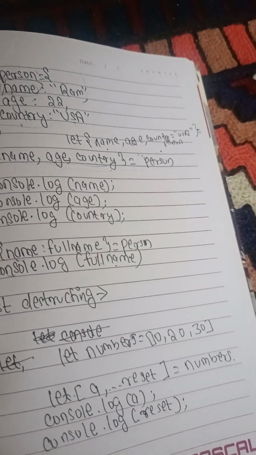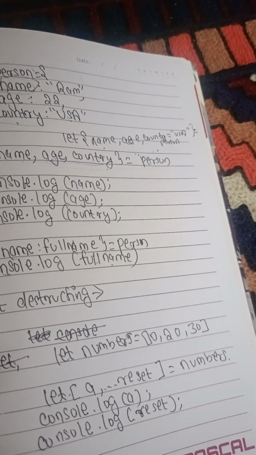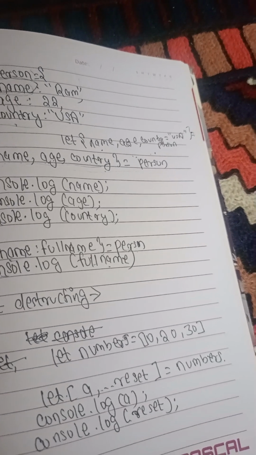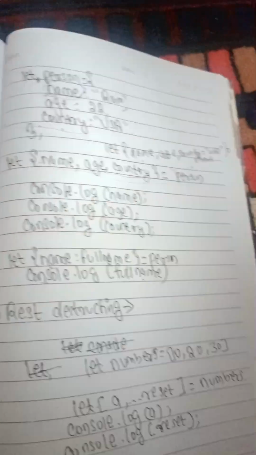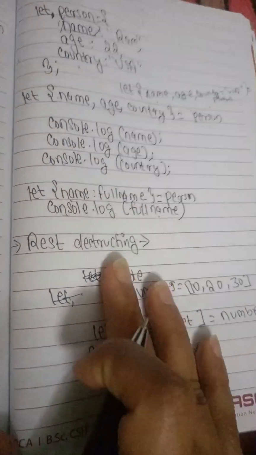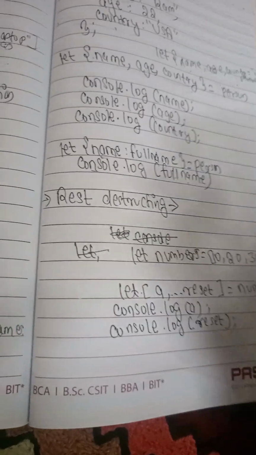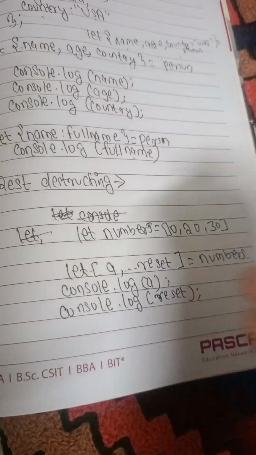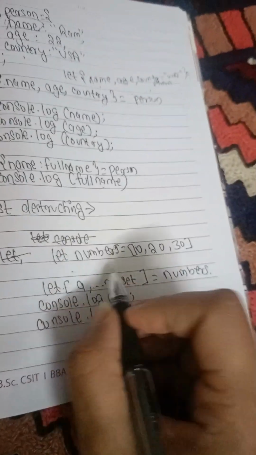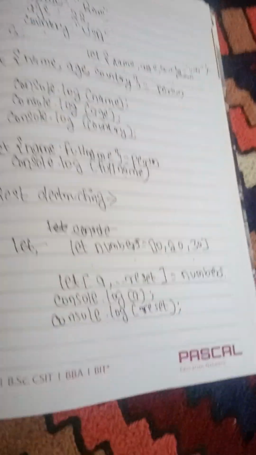And now we have rest destructuring. So, for example, let's take an example here. I have taken numbers, so let numbers is equal to 10, 20 and 30.